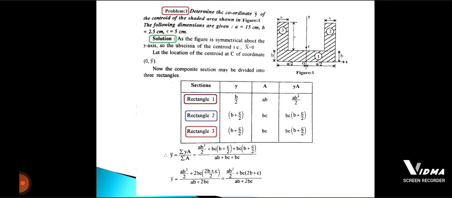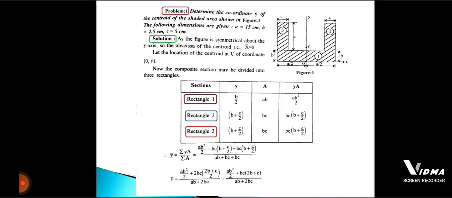Similarly, for rectangle 2 on the right hand side, the position of its centroid from the reference axis x is y equals b plus c by 2, its area equals bc, and ya, the moment of area, is bc into b plus c by 2.